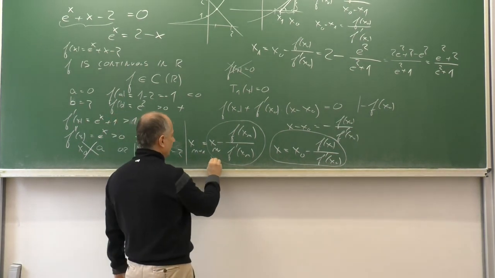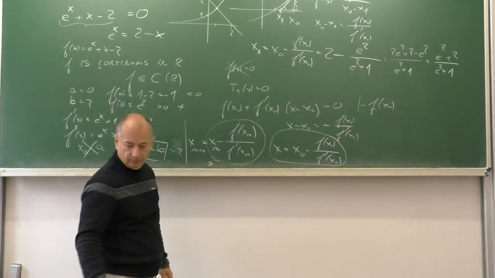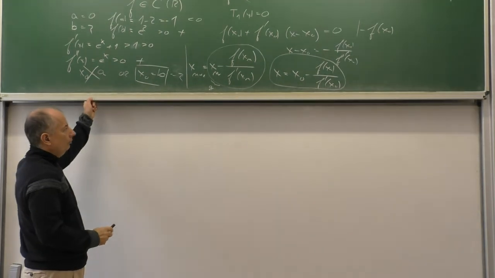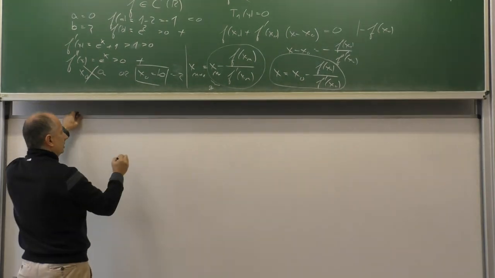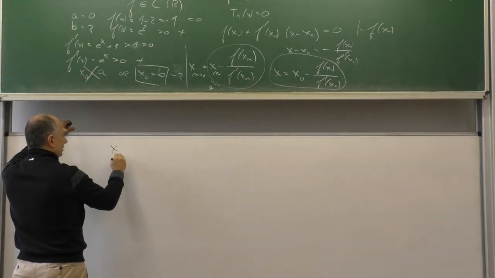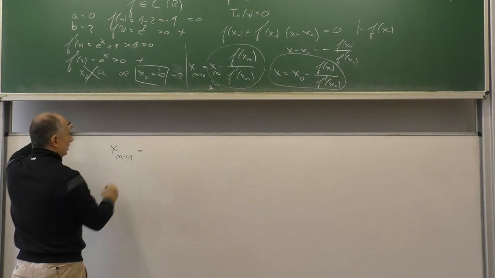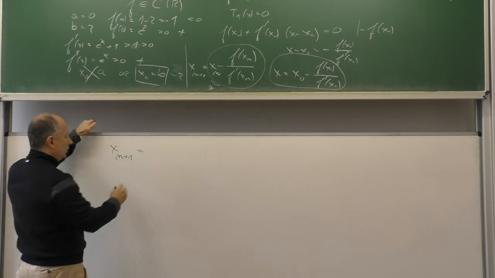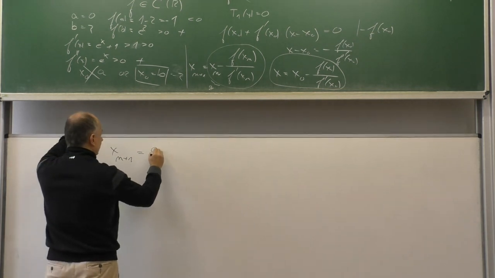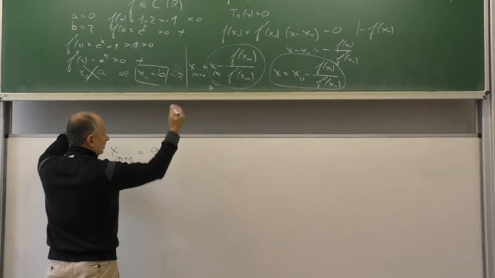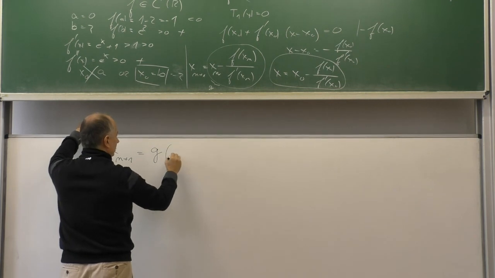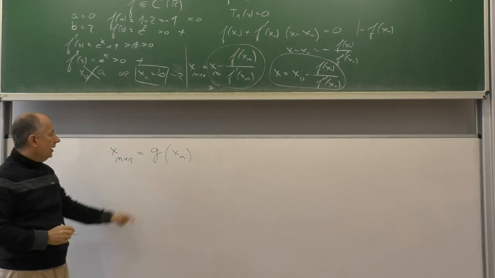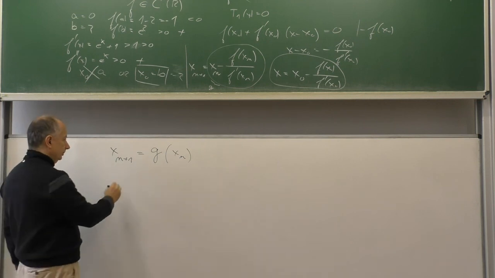If we call this expression g, then we can write the result of Newton's method that the next approximation x sub n plus 1 is some formula, some result g at xn. And this is called iteration.